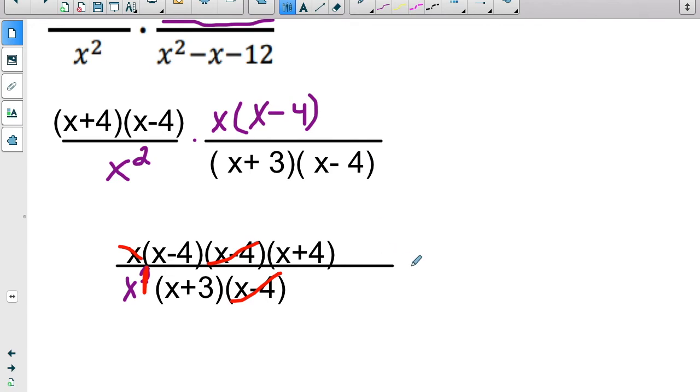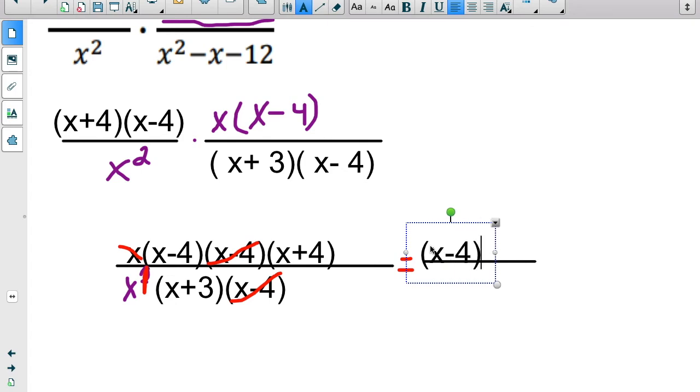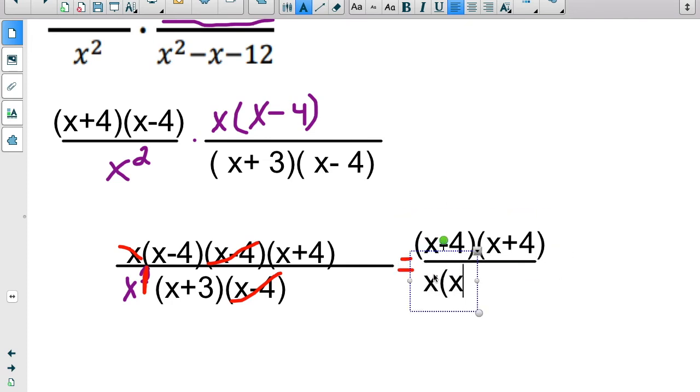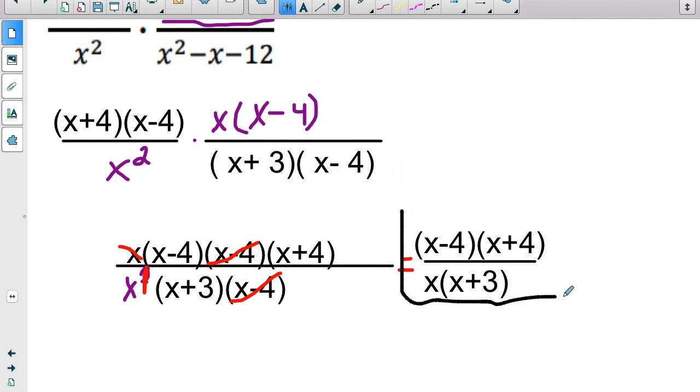So what we have left, our answer, on top is going to be x minus 4 times x plus 4. And in the denominator, we're going to have x times x plus 3. And this here is our final answer.